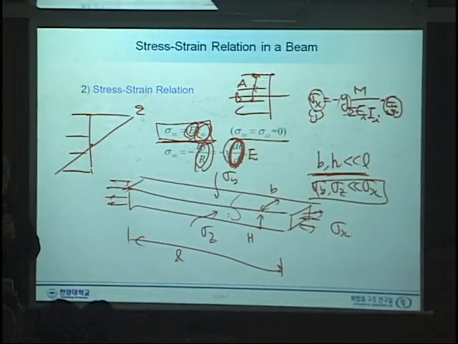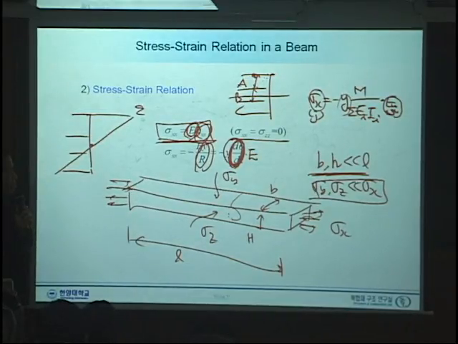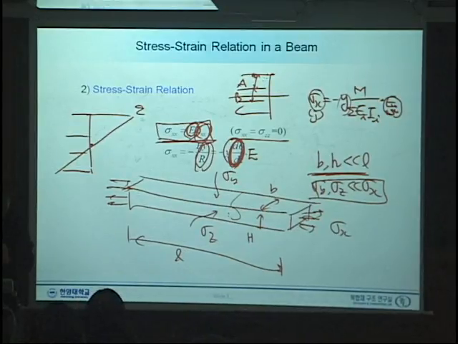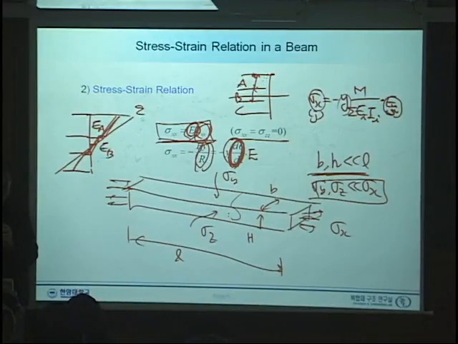Now, to calculate the stress, what do you need to do? We need to multiply by the material property, which makes the stress distribution something like this, discontinuous, something like that, because you multiply EA here, EB here, and EC here.